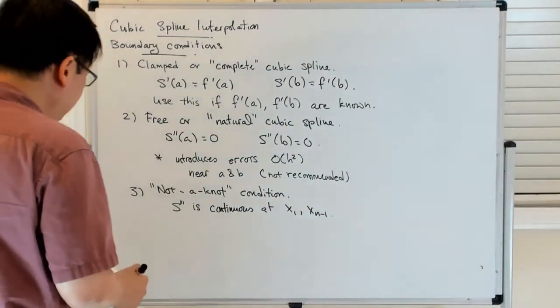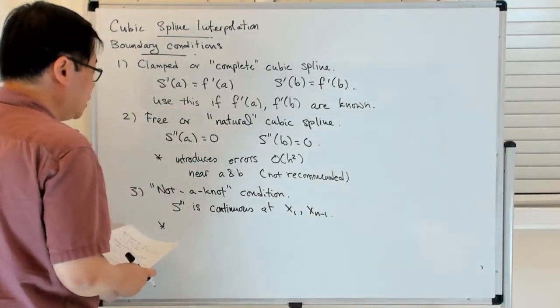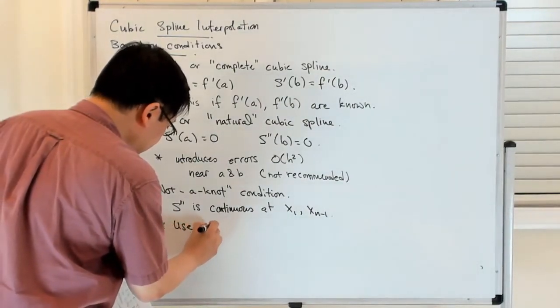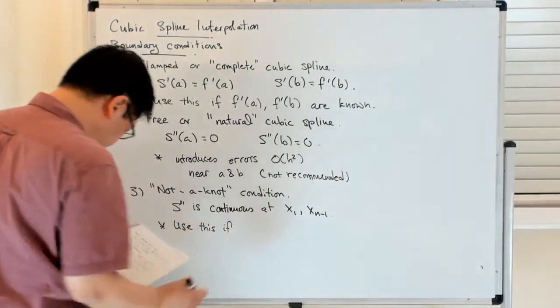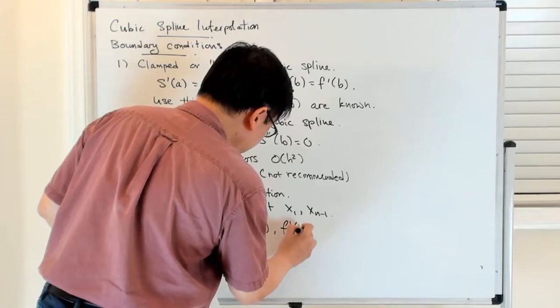You can use this clearly if you don't know what f prime is at A and B. So you use this if f prime at A and f prime at B are unknown.